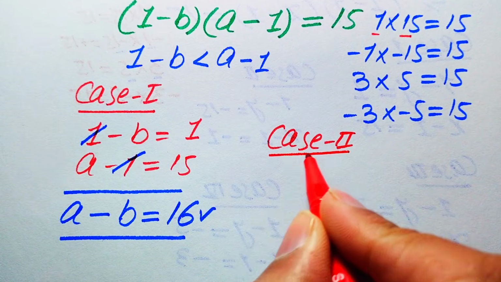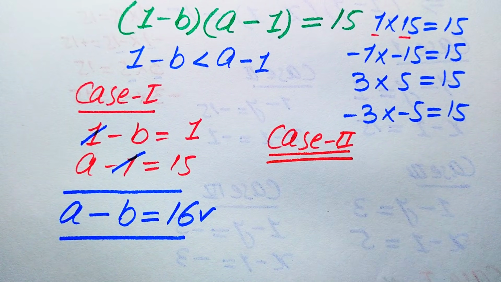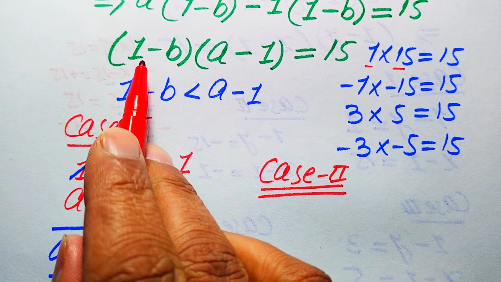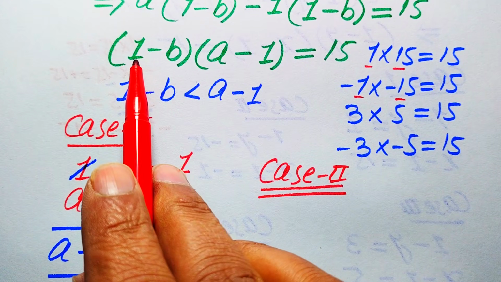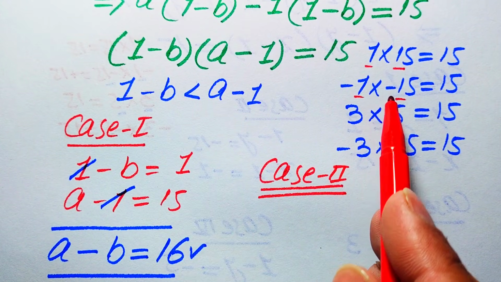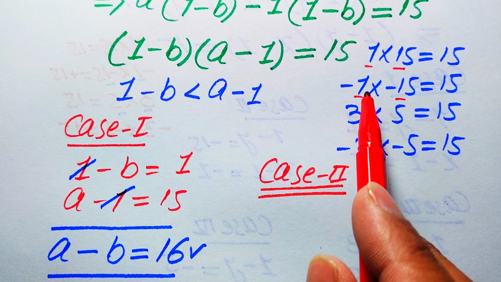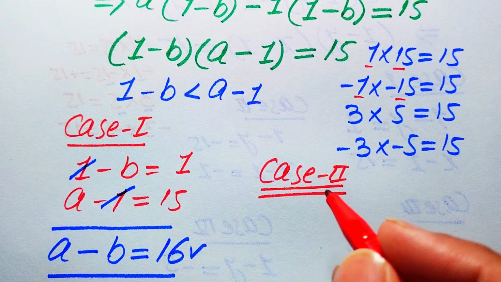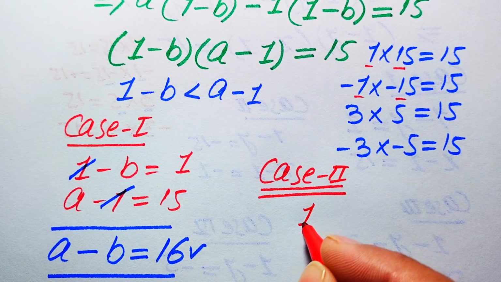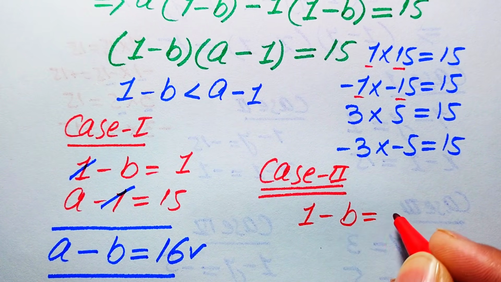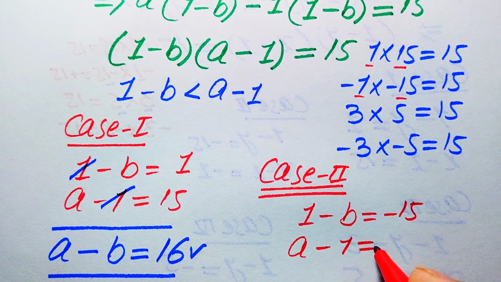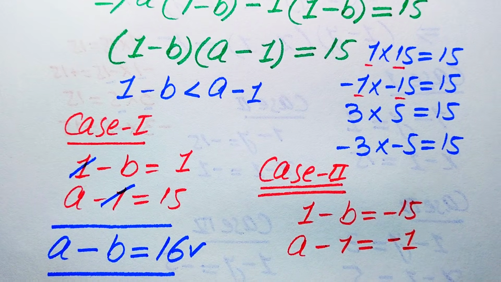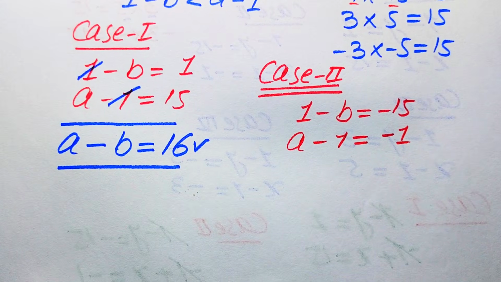In the second case we compare 1 minus b with minus 1 and minus 15, and again we choose the smaller value for 1 minus b. The smaller value of minus 1 and minus 15 is minus 15, so we write 1 minus b is equal to minus 15, and a minus 1 is equal to minus 1. So our second case is this.